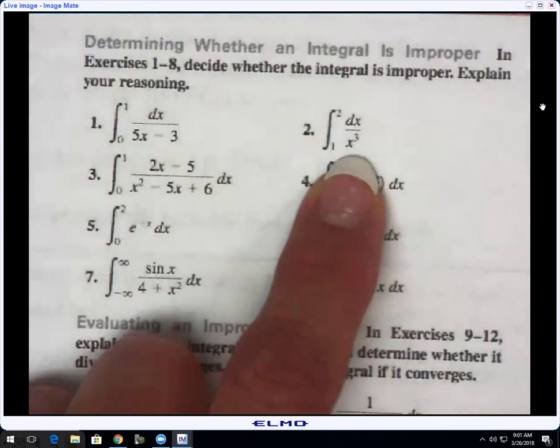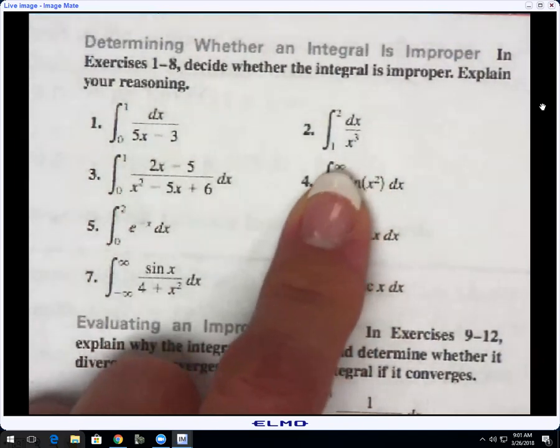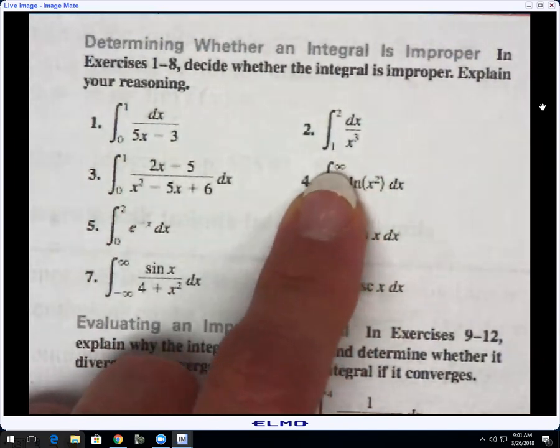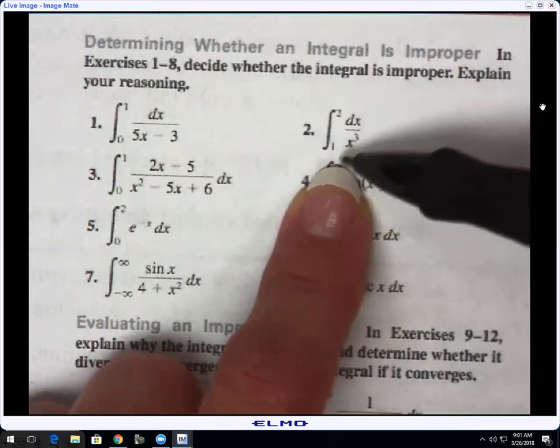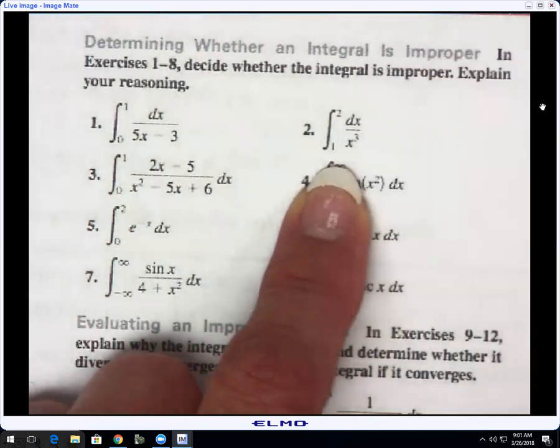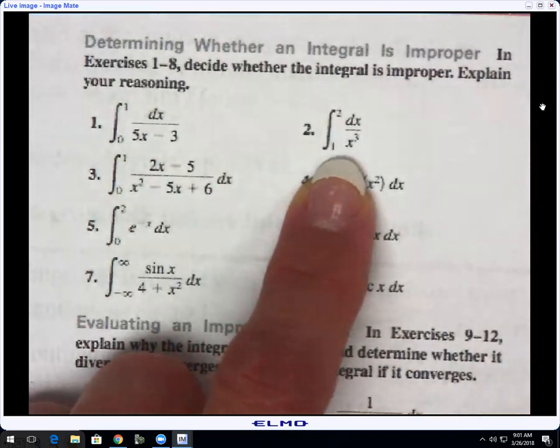What about number 2, proper or improper? There is a vertical asymptote, but where is it? 0, which is not on the interval from 1 to 2, and so there's no vertical asymptotes on that interval, and neither limit is infinity, so that's a proper integral.